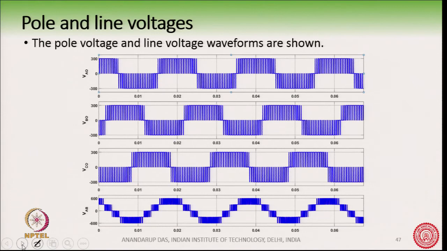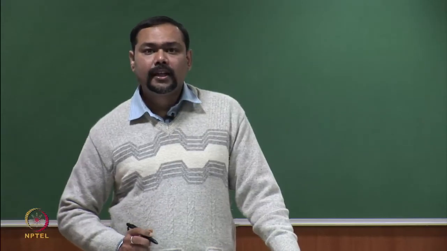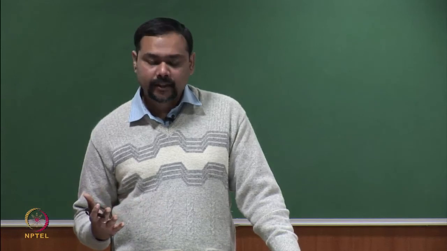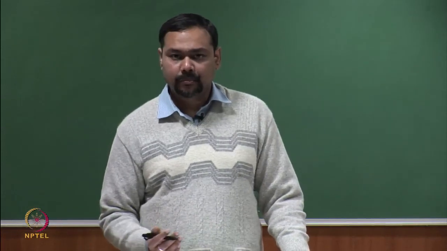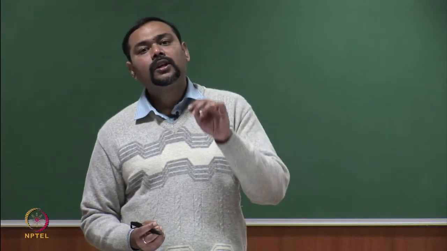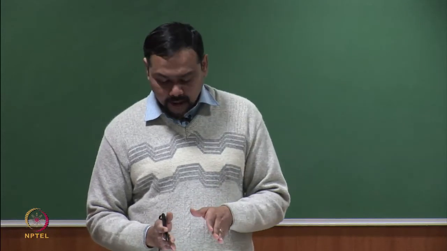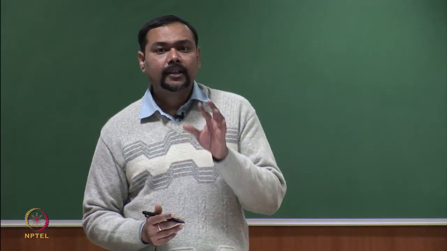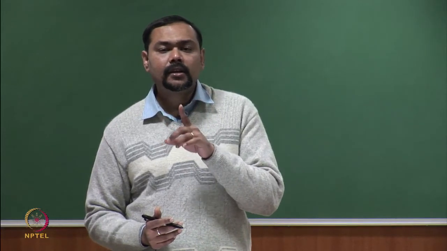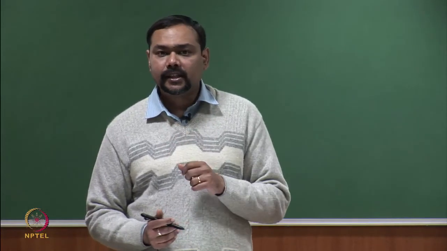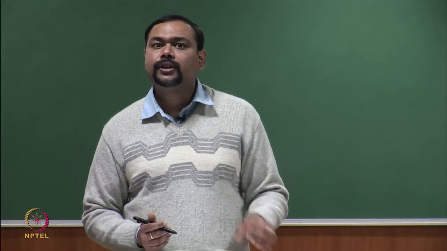So, after we have done this, we can see the pole voltage and line voltage. Now, we are in the space vector PWM. We will ensure that the start and end vectors in a switching cycle Ts will be of equal duration of time.